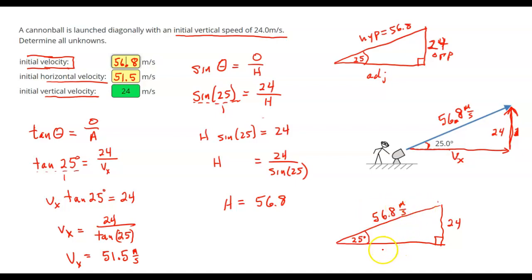And the adjacent side over here, giving us the horizontal velocity, was 51.5 meters per second. Okay, so now that we know the vertical velocity, we know this is going to be affected by gravity. This horizontal velocity is not going to be affected by gravity, and we can solve problems using those two components.